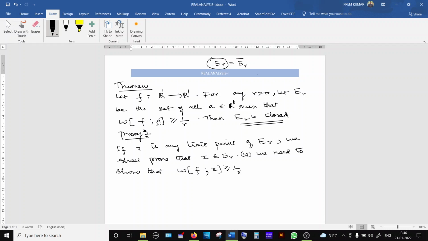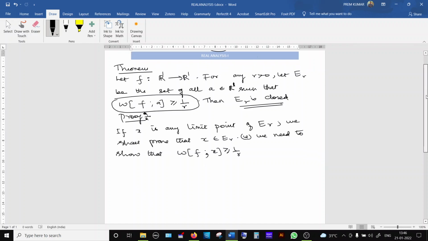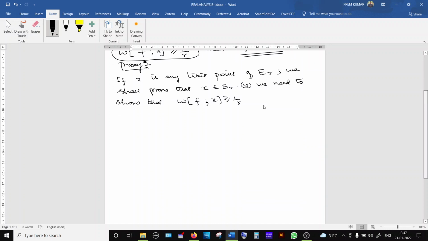An element belongs to E_r if it satisfies this condition. So now we are going to show that this x satisfies this condition. Then x belongs to E_r and hence E_r is closed. So to prove that E_r is closed, we are going to show that the oscillation of f at the point x must be greater than or equal to 1 by r.